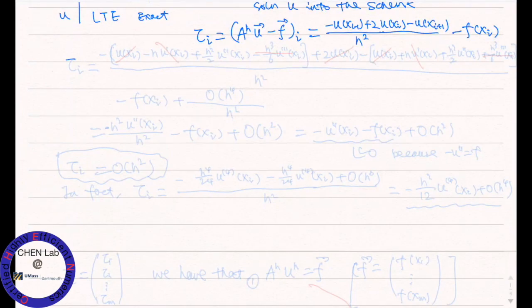Tau i. All right, as we did many times, we expand u(xi minus 1) and u(xi plus 1) around xi. So you're going to get negative, this is u of xi.